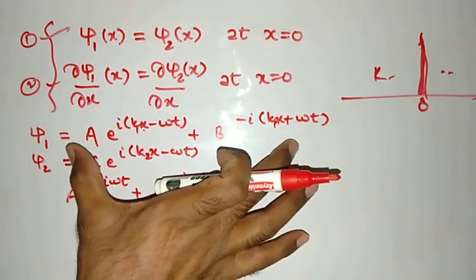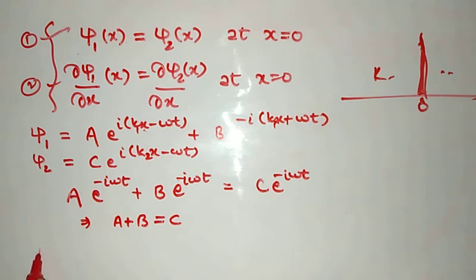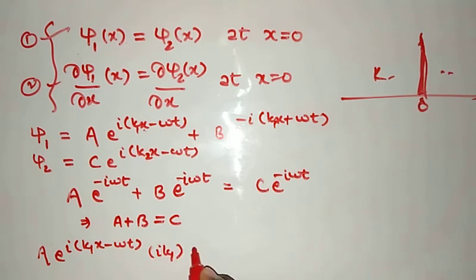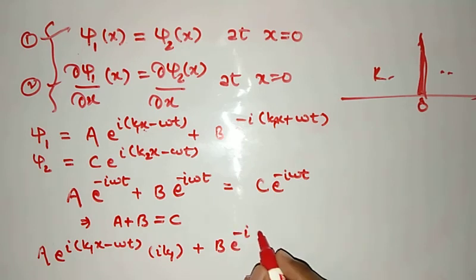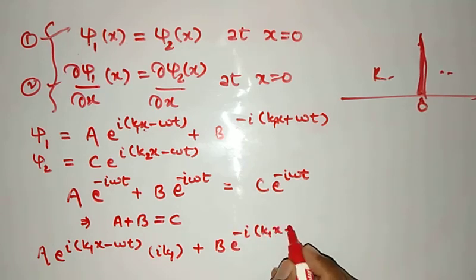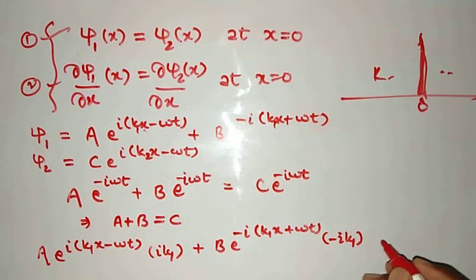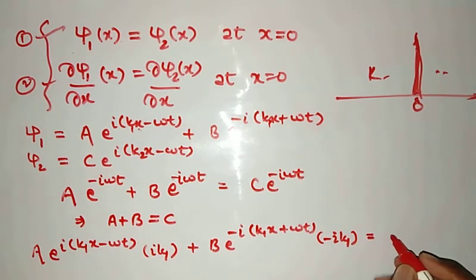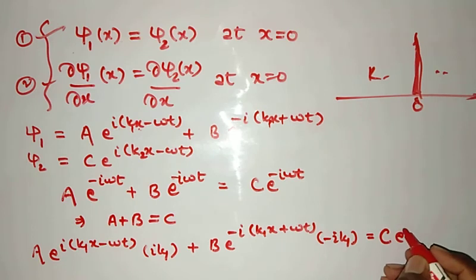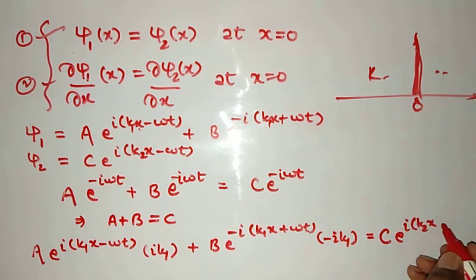Now for differentiating this part, what we get: A e to the power i(k1x minus omega t) times i k1, plus B e to the power minus i(k1x plus omega t) times minus i k1, is equal to C e to the power i(k2x minus omega t) times i k2.